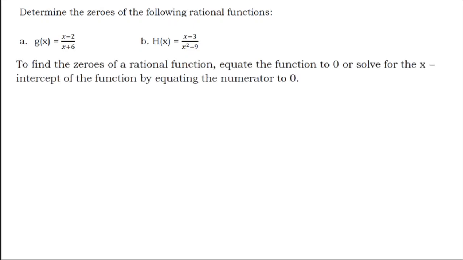To find the zeros of the rational function, equate the function to 0, or simply solve for the x-intercept of the function by equating the numerator to 0.